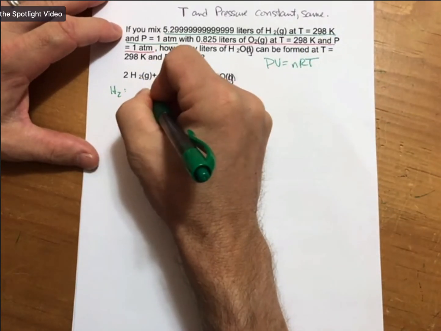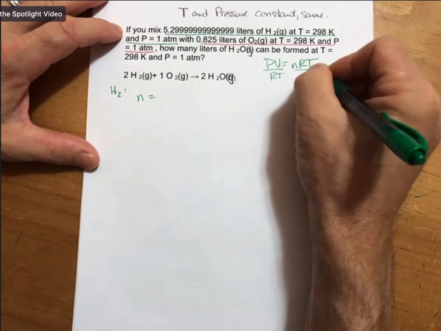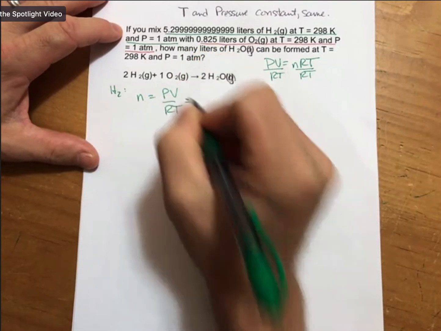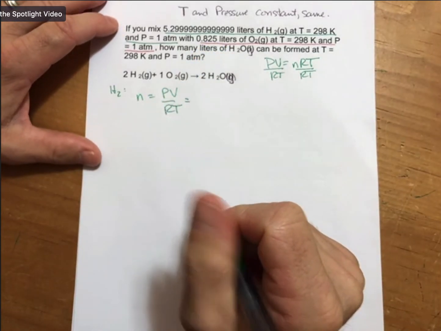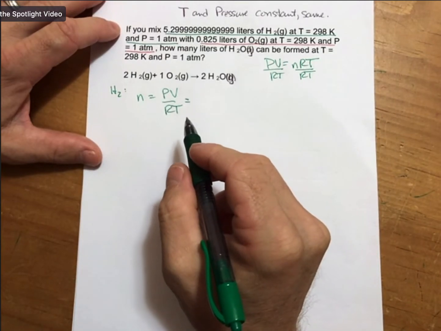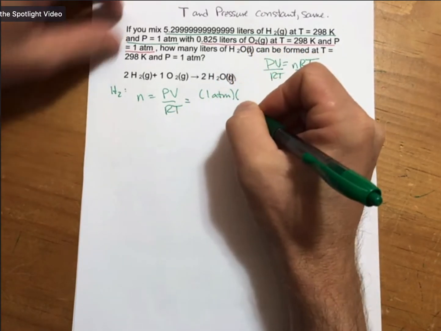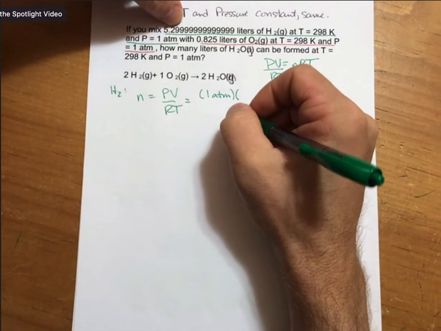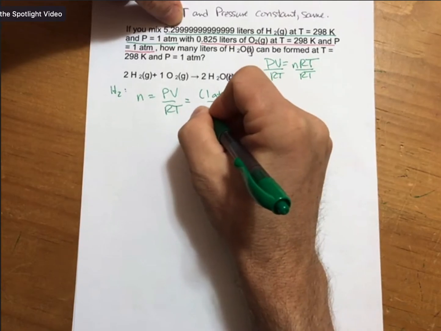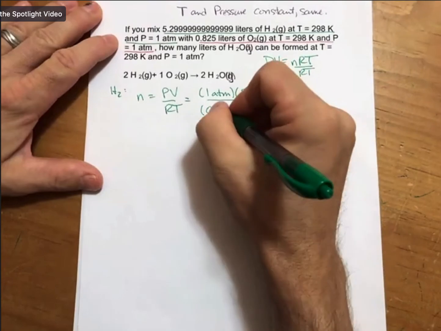I need moles now, so I need to divide both sides by RT, and plug everything in. Let's see. Pressure, 1 atmosphere. Volume, I'm just going to round this to 5.3. My R value is always the same, 0.08206.